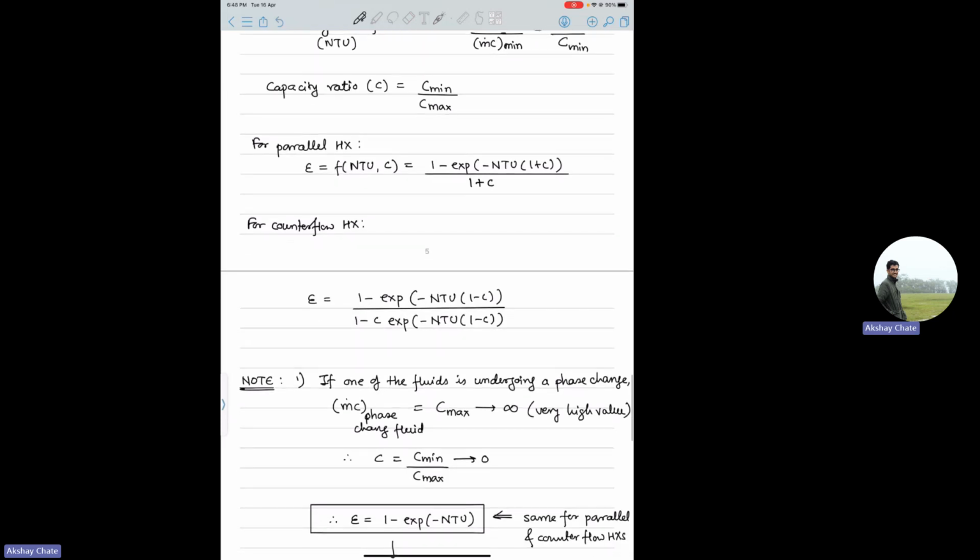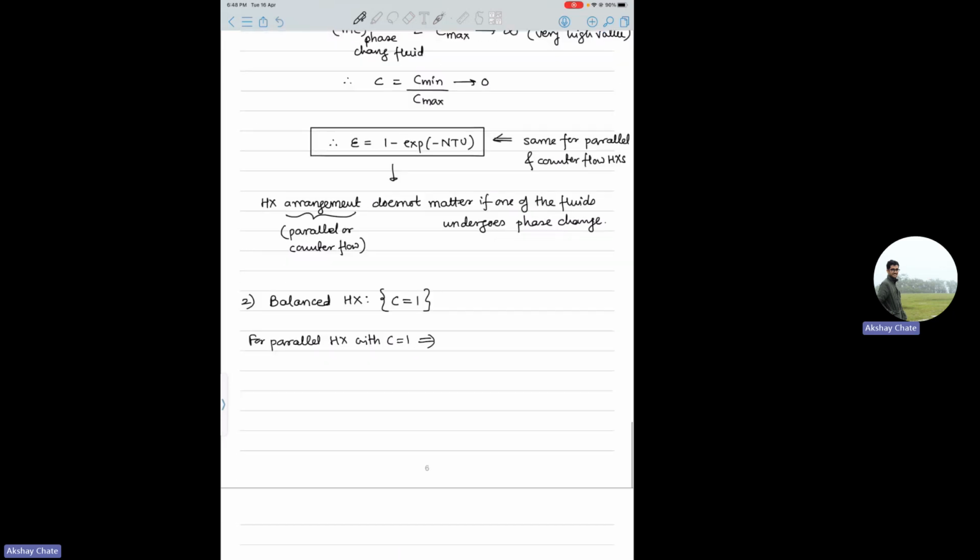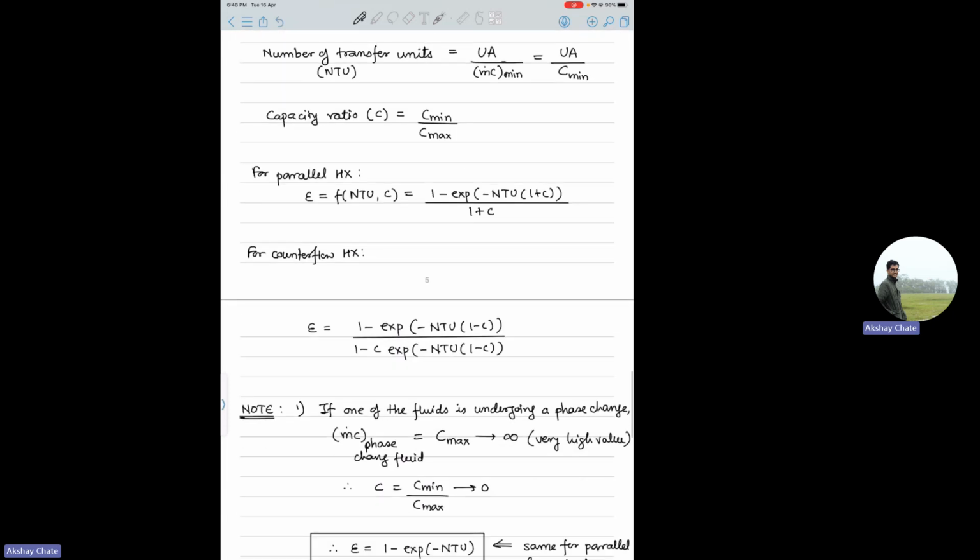It becomes 1 minus exponential of minus 2 NTU divided by 2. So there is no problem here when you have C equal to 1.